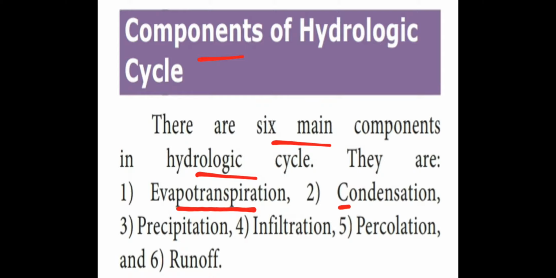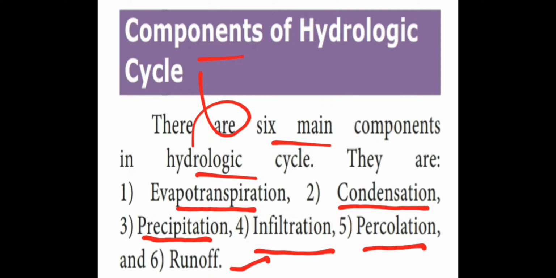Second, condensation. Third, precipitation. Fourth, infiltration. Fifth, percolation. And sixth, runoff. So how many components are there? 6 components in the hydrologic cycle.